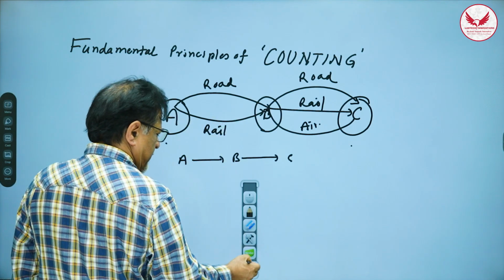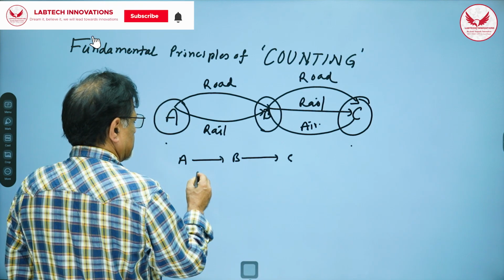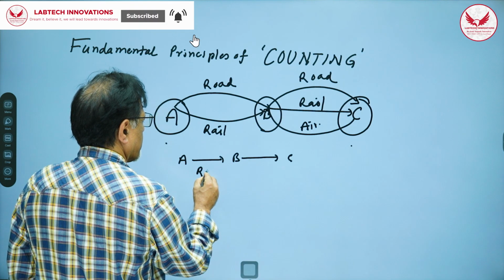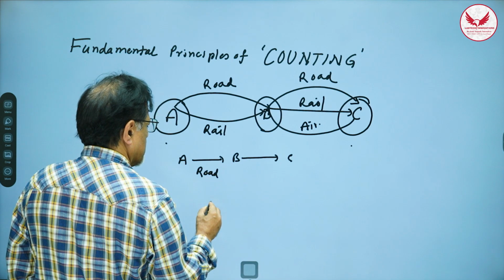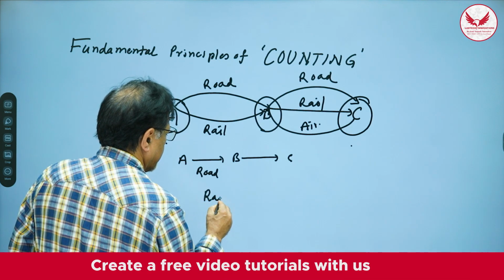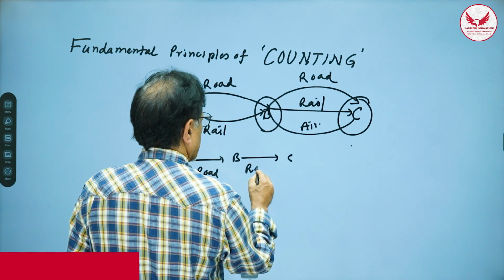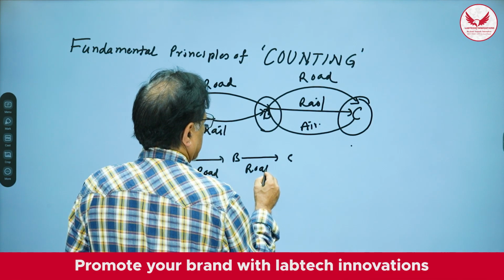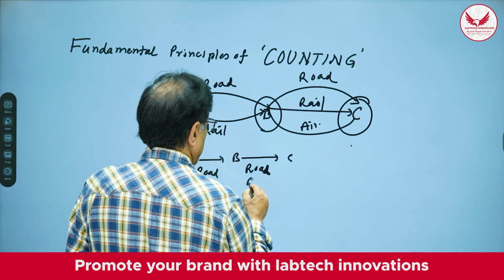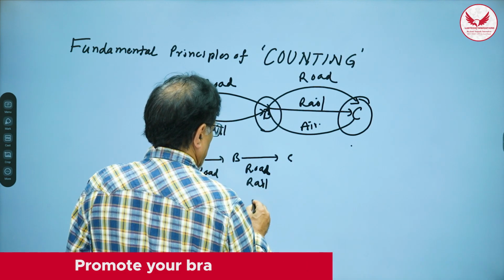Either you can travel by road or rail. Okay. Now, here there is road, then there is rail, and one more option, air.